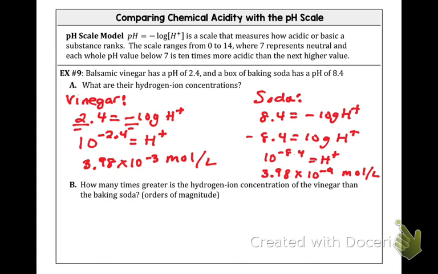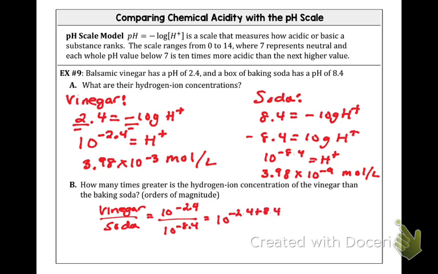So how many times greater is the hydrogen ion concentration of vinegar than the baking soda? We're going to figure out how many magnitudes. If we're doing vinegar compared to soda, vinegar is 10 to the negative 2.4 and baking soda is 10 to the negative 8.4. So bring up that negative exponent, meaning we're going to add it, which gets us 10 to the 6.